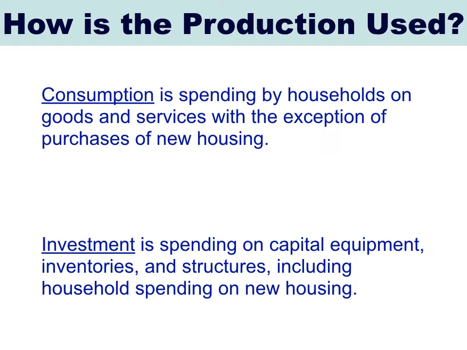So it's not necessarily the good. For example, if you purchase a computer, it's going to be counted as consumption. However, if a business purchases a computer, it's going to count as investment. Right? So notice how the accounting difference comes about based on who is purchasing the good.